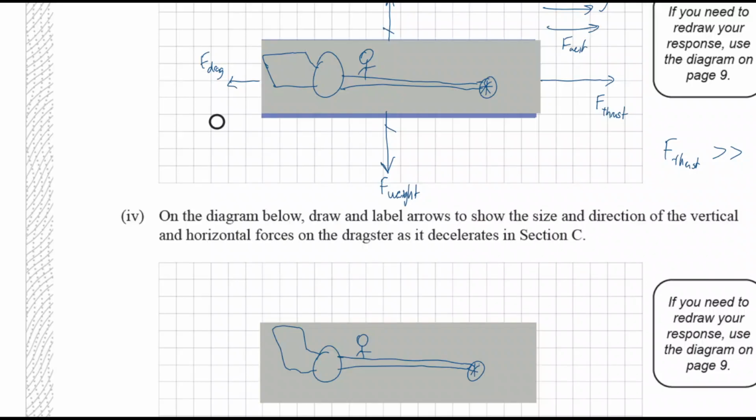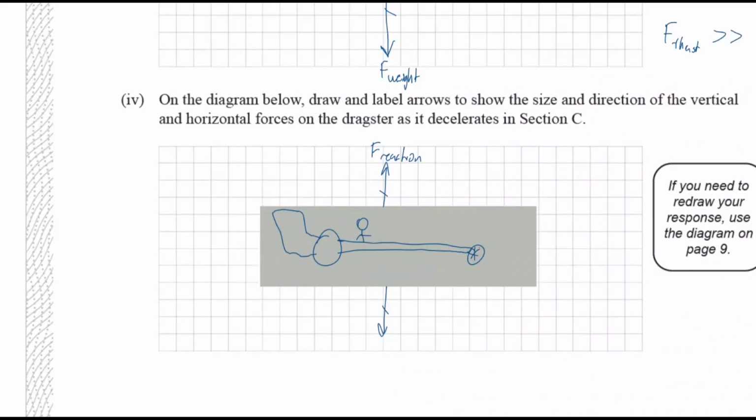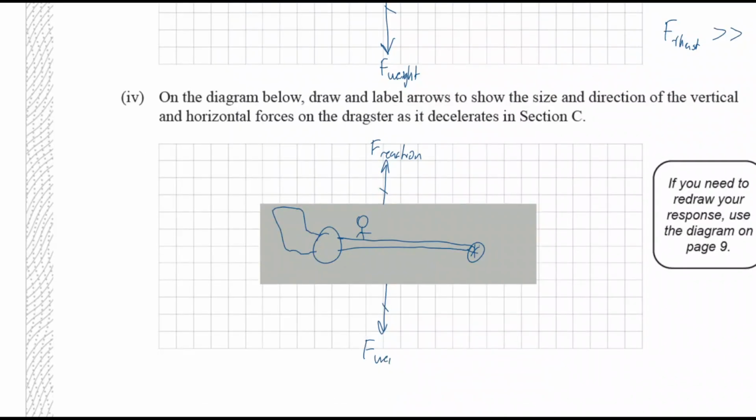Because it's not accelerating forwards, it's actually changing its speed to decelerate. So we'll have the same vertical forces, so the reaction force, the weight force, right? And let's assume the mass didn't change. Like technically, right, it would have burnt a bit of petrol, but kind of insignificant in that short amount of time.